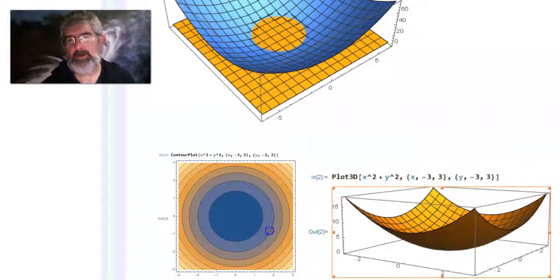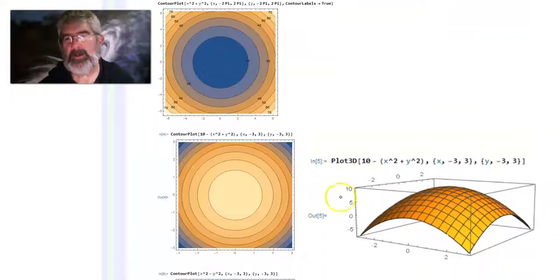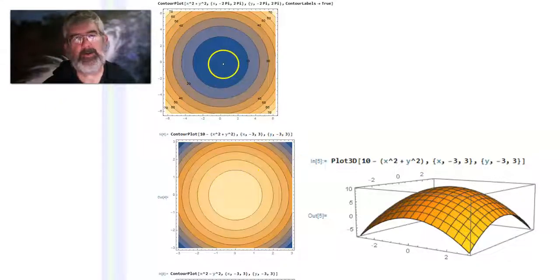Apparently, down low is blue, and up high is more, I don't know, peach or yellow. Note the comparison down here where I have an upside down paraboloid, and the circles look a lot like the previous one. However, because it's colored, you can tell there's something different, with the light color in the middle and the dark color out there, or this one with the dark color on the inside.